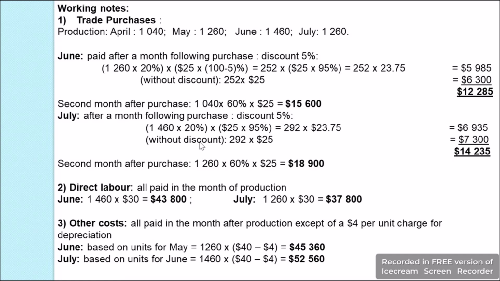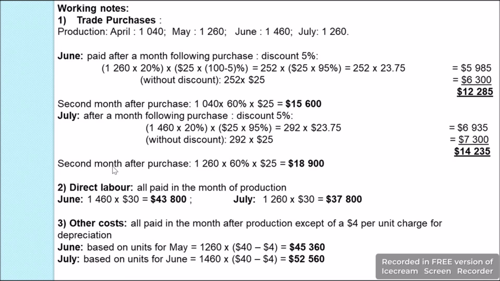Then again 1/5 of the June purchases, that is 20%, will be paid without discount. So we have 292 units, that is 20%, and then we multiply it with $25, which is the unit cost of direct material, and we are not having any discount here. So we get the value as $7,300. So when we add this, we get the total as $14,235, which will be paid.